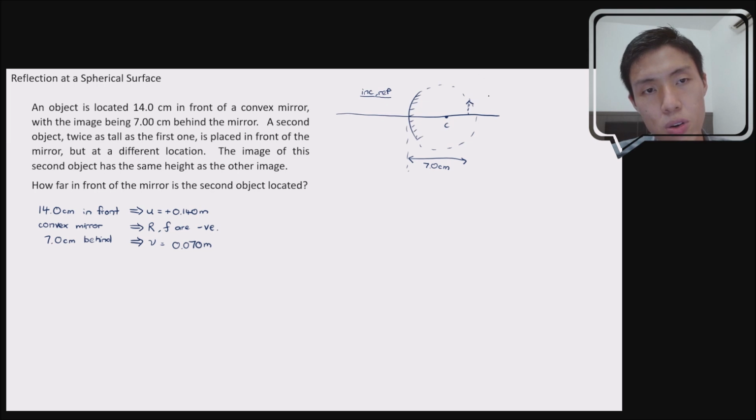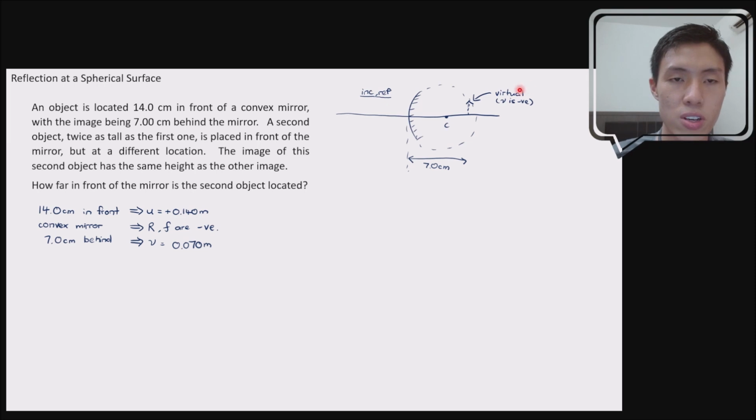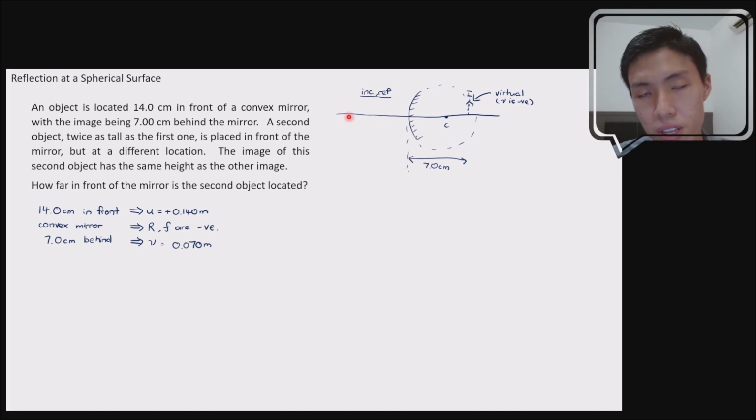We can almost safely assume that this image should be virtual, and at the same time v will be negative. Why is it virtual and why is v negative? It's because it's behind the mirror. If this is the mirror, your image is on the right-hand side, behind the mirror, but the reflected ray is in front of the mirror.